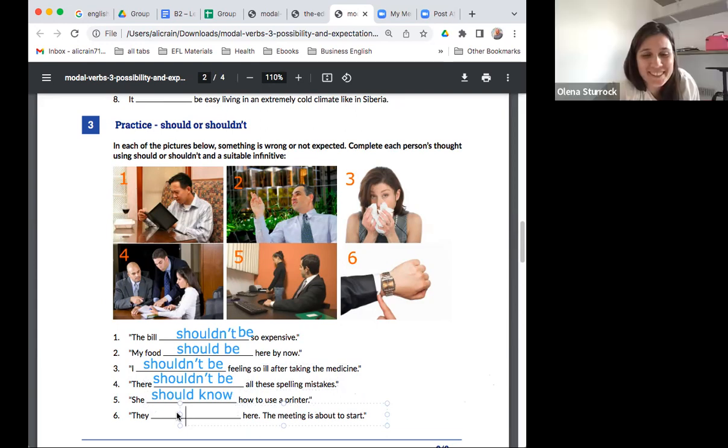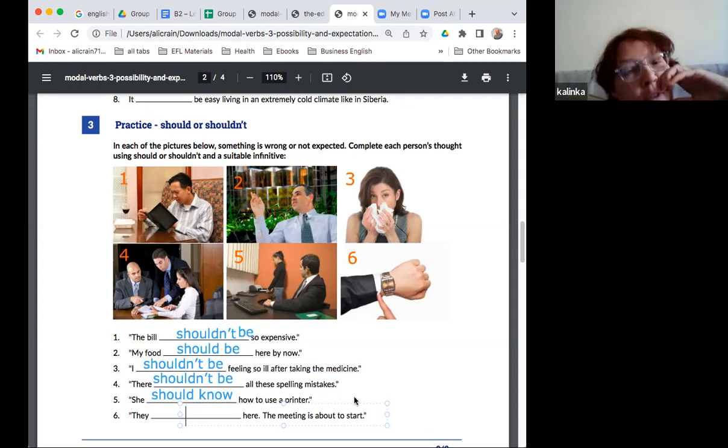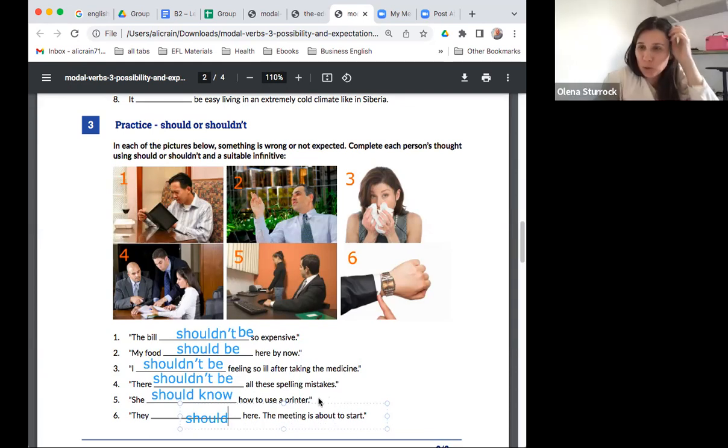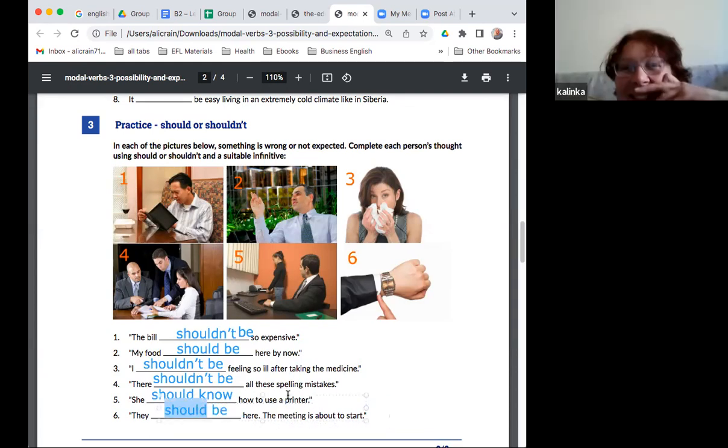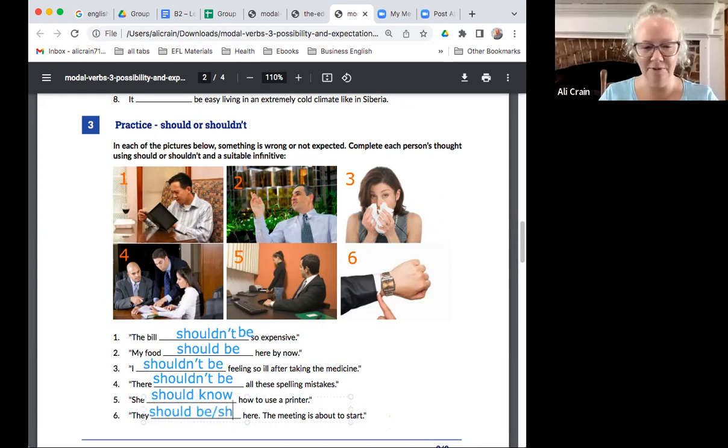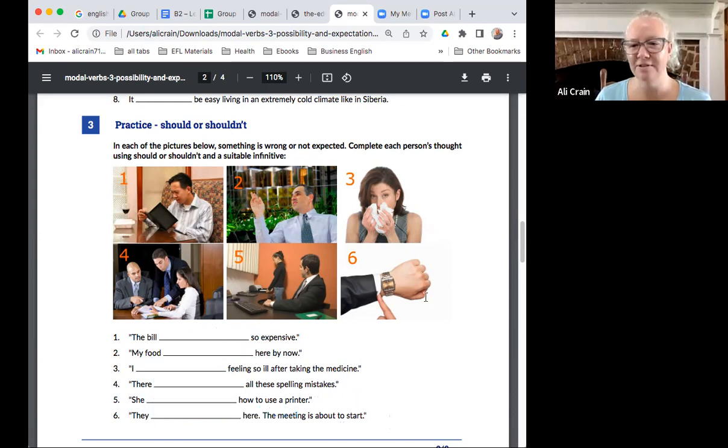Maybe you can use both. I think in this case, we could actually say both. If you're somewhere where you shouldn't be, because you're supposed to be in a meeting, if you're at a restaurant and the meeting is down the street in an office, then you could say they shouldn't be here. The meeting is about to start. So I think both of those could potentially work. Any questions on those? No. Good.